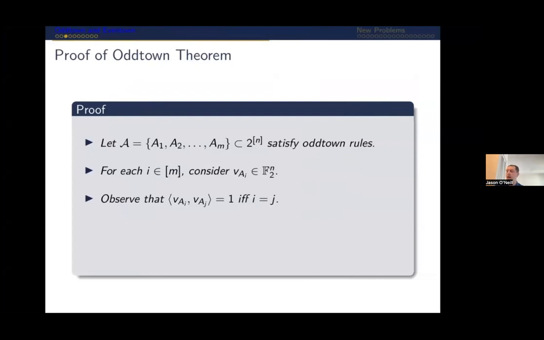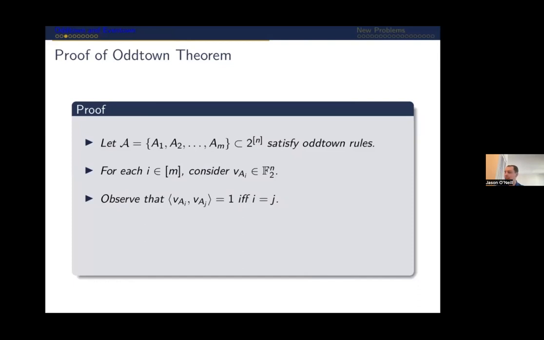Since this was an oddtown family, we get 1 when the indices agree. When the indices don't agree, the inner product gives us a 1 each time there is an element that's in both subsets. So as I sum over all the coordinates, I get the size of the intersection, which is 0 mod 2.